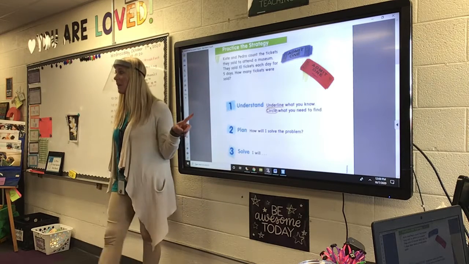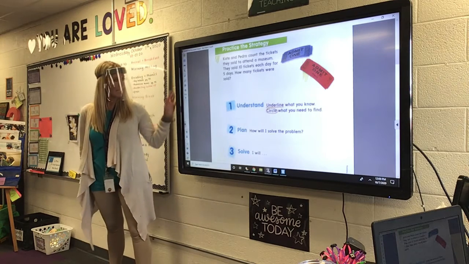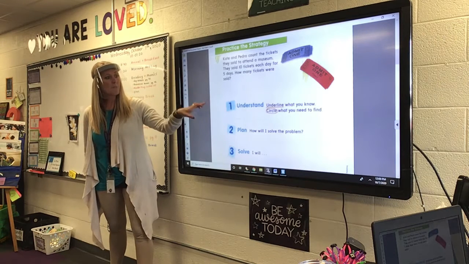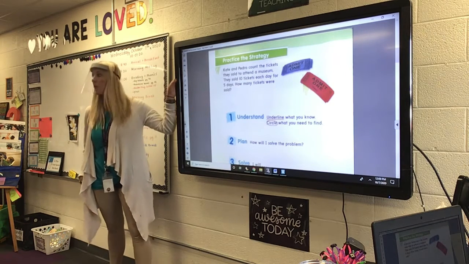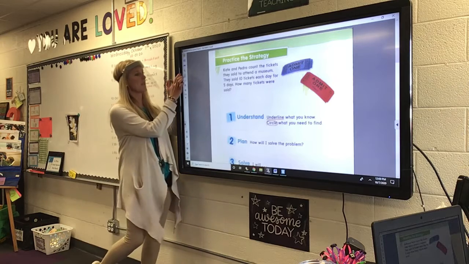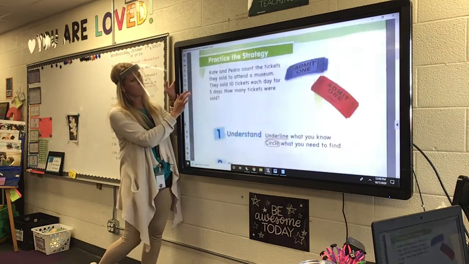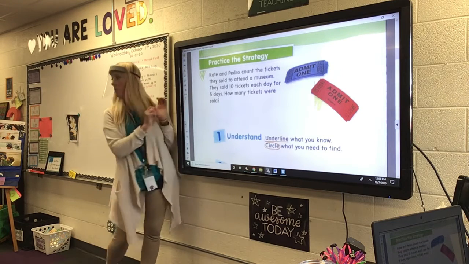The first step in our problem is to understand it, and we need to underline the information we know. What do we already know that we should underline? What do you think, Libby? What do we already know?